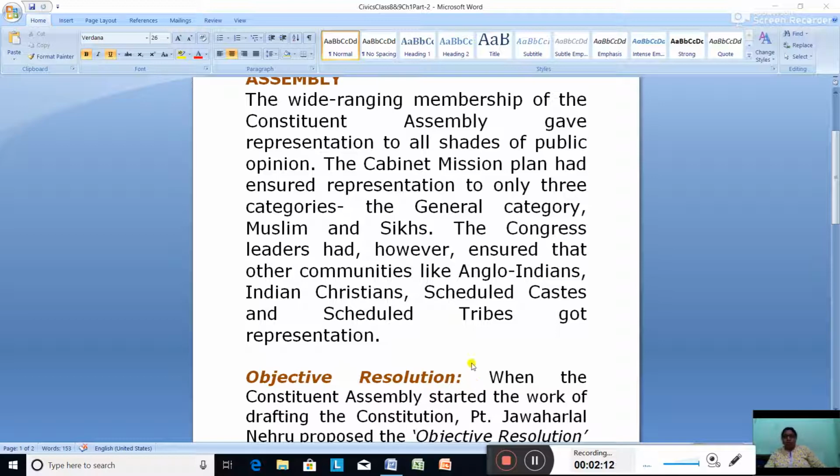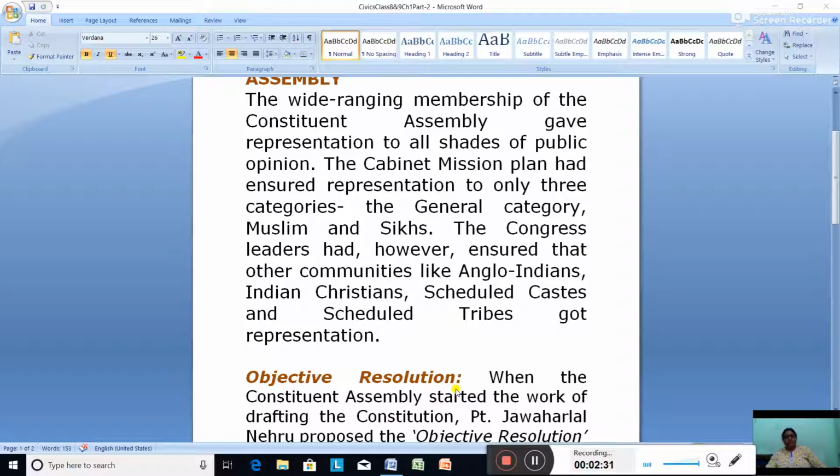Though the Muslim League boycotted the Constituent Assembly, there were still two members from the Muslim community, Zafar Imam and Muhammad Sadullah.